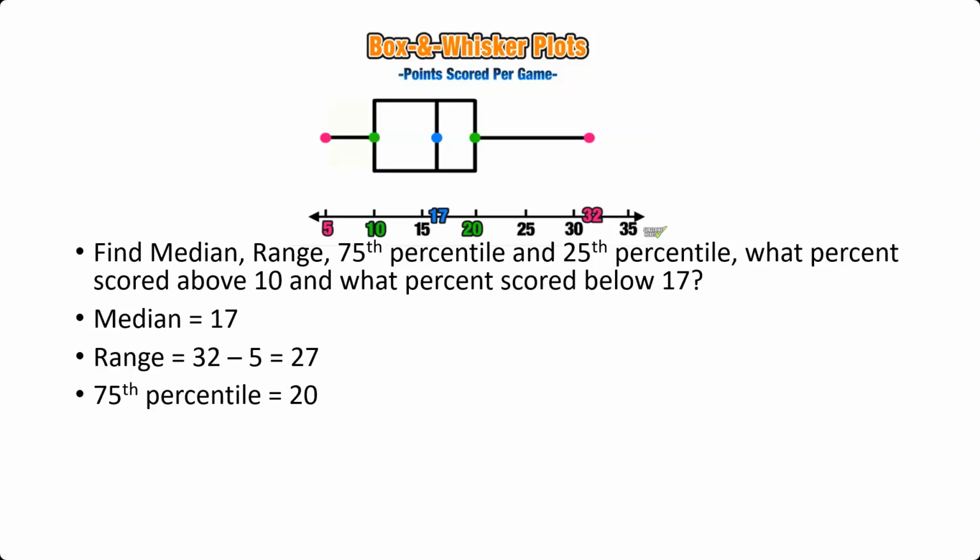So it's telling you the percent below it. The 25th percentile means 25% of the scores are below it. So we would start here, and this would be 25%, so 10 is the 25th percentile.